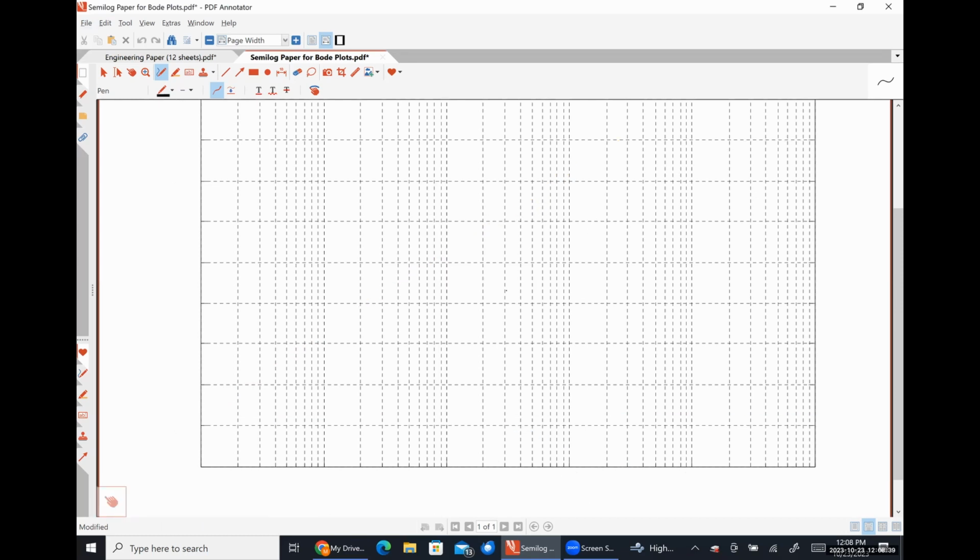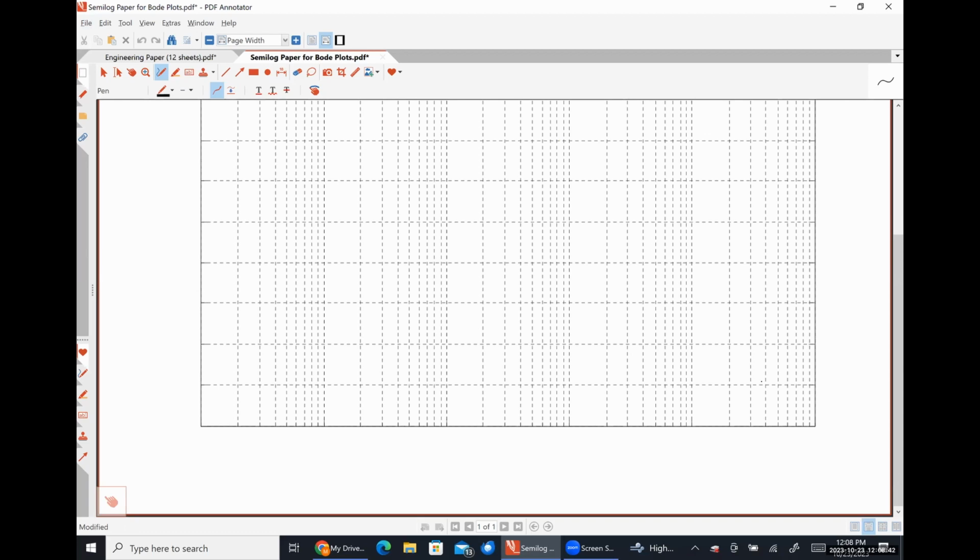So let's say that we had a signal or whatever, or a transfer function H of s that looked like 20 decibels times (1 plus s over 10 to the 2)(1 plus s over 10 to the 3).